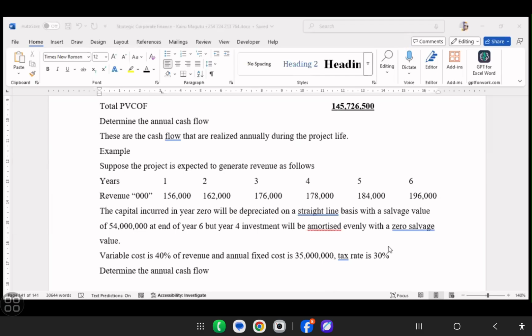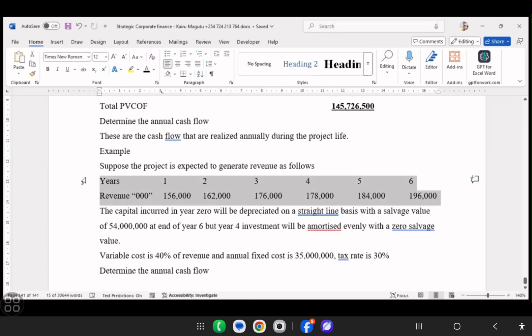Now, having looked at that illustration, I want us to work on it together. We see what is expected. Someone wants us to include working capital, but let's first work on it this way. So here I have my cash flows.